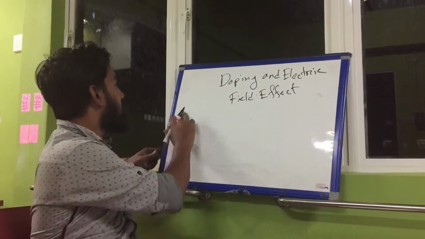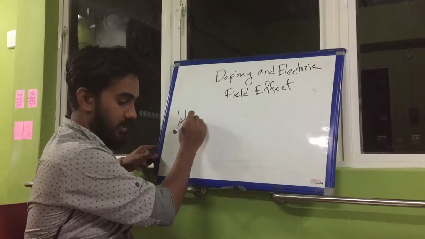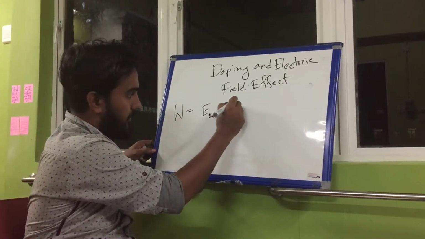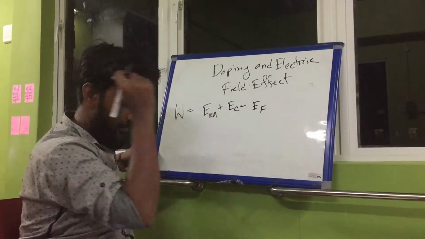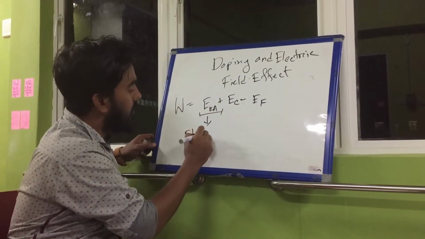I can show a formula again that can explain more clearly. W is equal to EA plus EC minus EF.